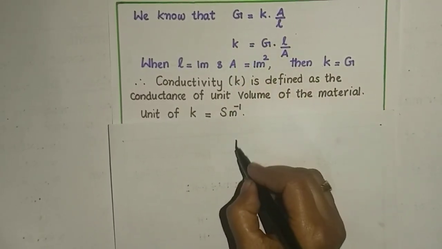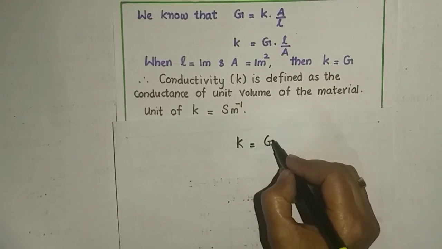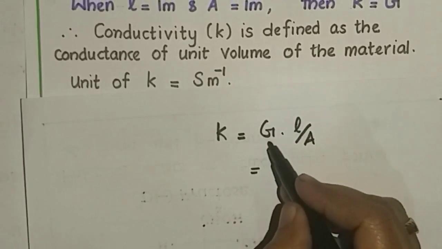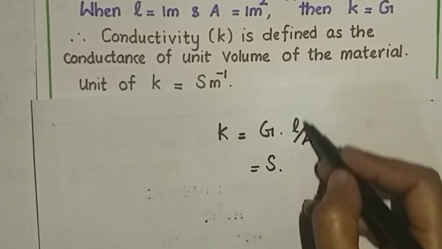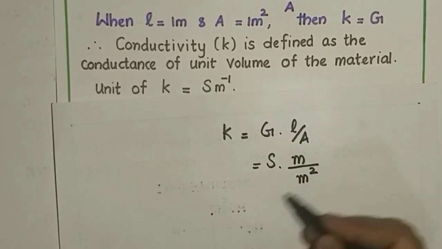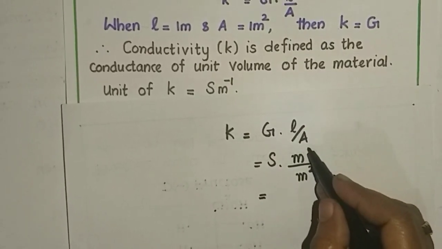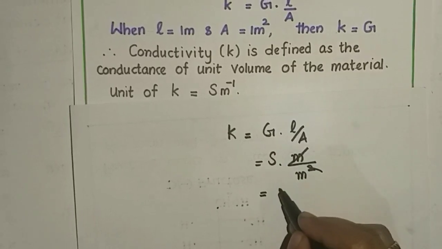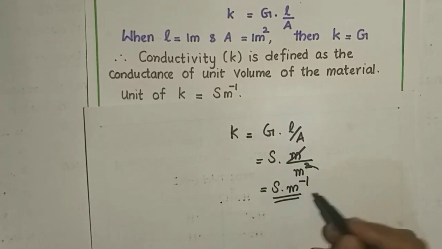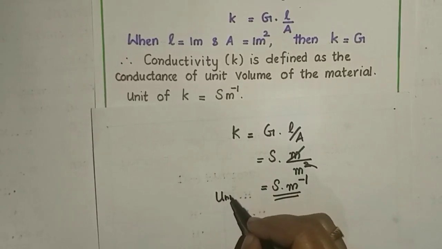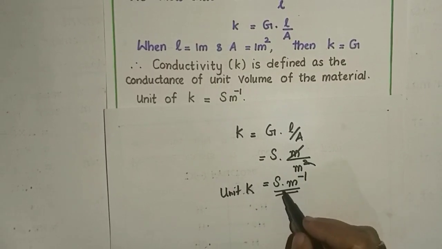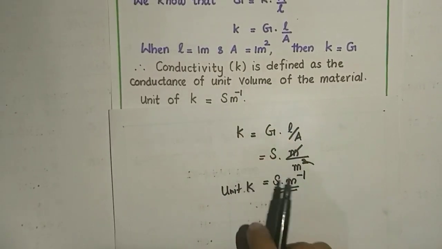We know that K is equal to G into L by A. The unit of conductance is Siemens, length is meter, and A is meter square. Meter and meter square cancel, giving Siemens meter raised to minus 1. The unit of conductivity is Siemens meter raised to minus 1.